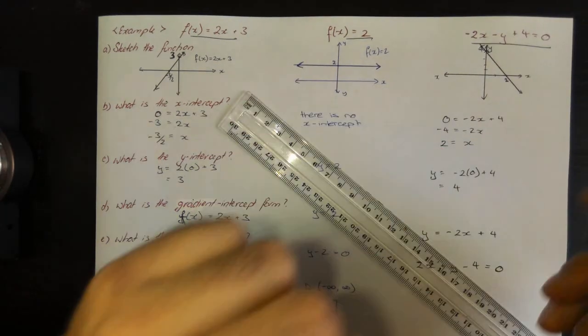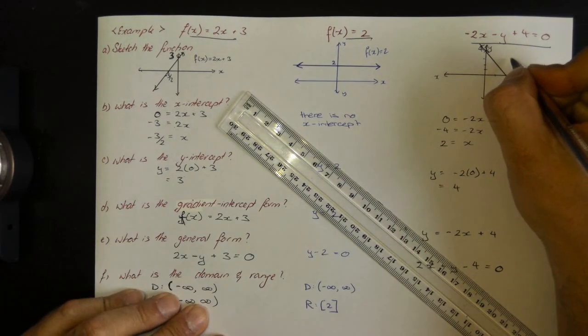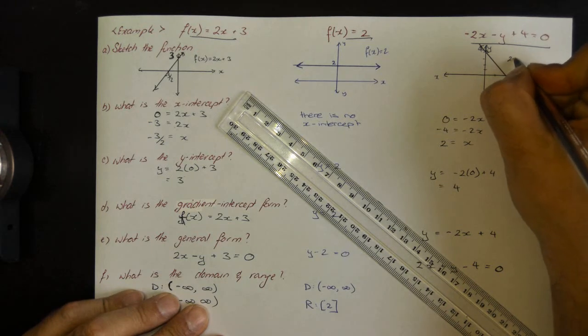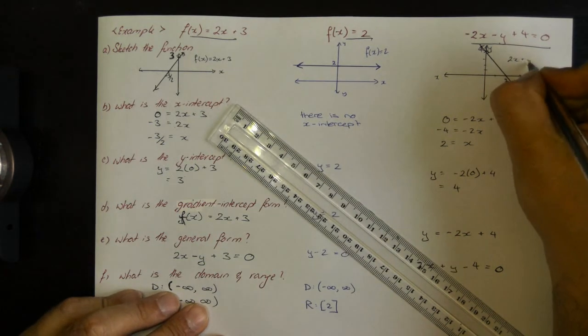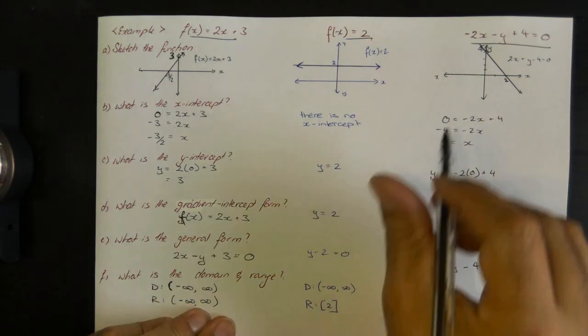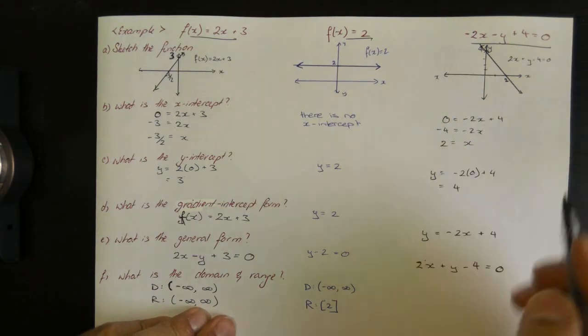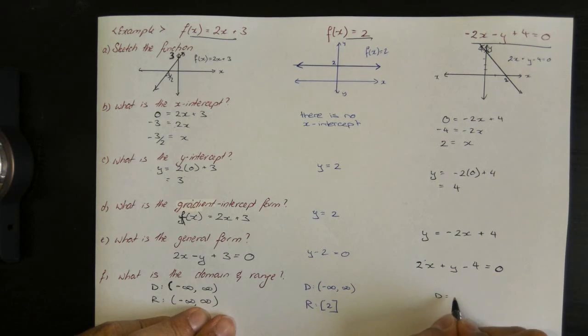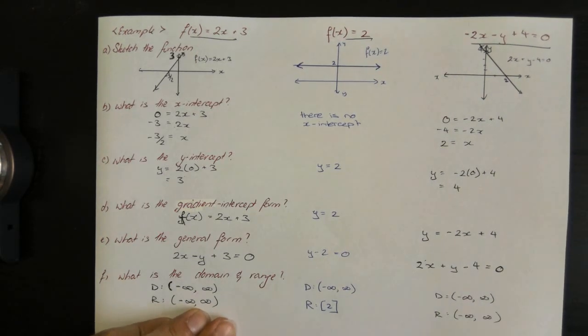It's going down. And there's my function. All right. So in this situation, once again, I have a domain that goes from negative infinity to infinity. And here I'd have a range that also goes from negative infinity to infinity.